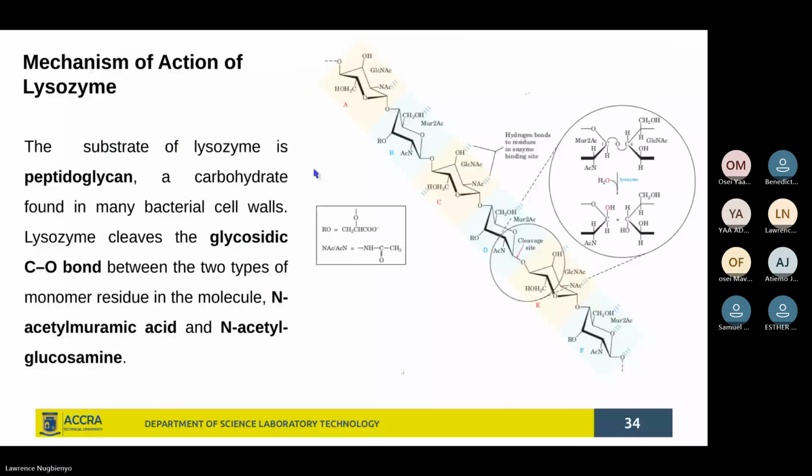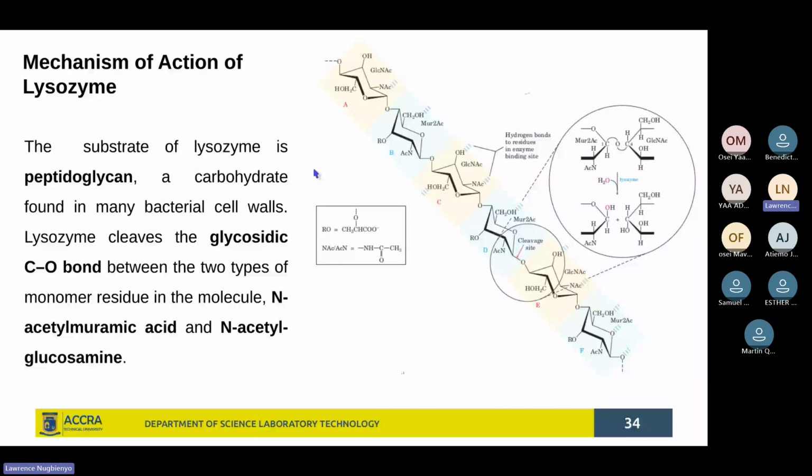Lysozyme was also one of those enzymes that we saw as one of the examples when we were studying the classification of enzymes, specifically depending on the name, the reaction that the enzymes catalyze.